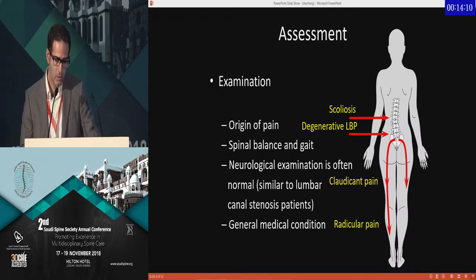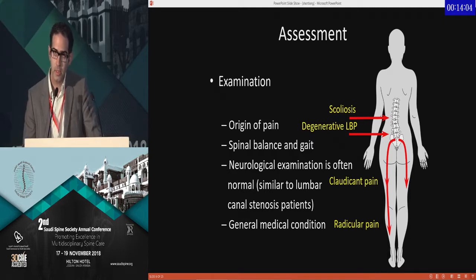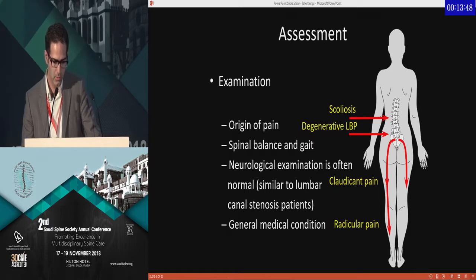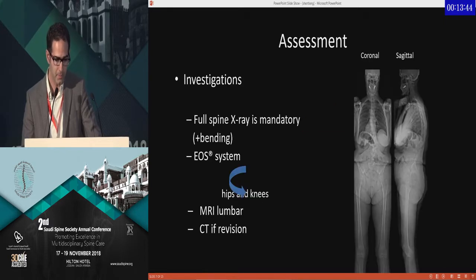And so most importantly, as with any spinal pathology, physical exam is extremely important to recognize the origin of the pain, evaluate the gait, the alignment, the balance. The neurological examination is often normal, as it may be associated with central canal stenosis and neurological claudication, and to check the general condition of the patient.